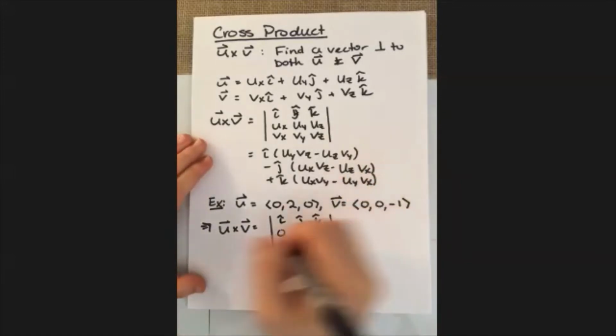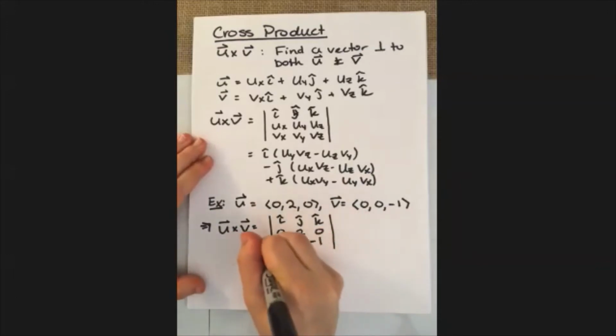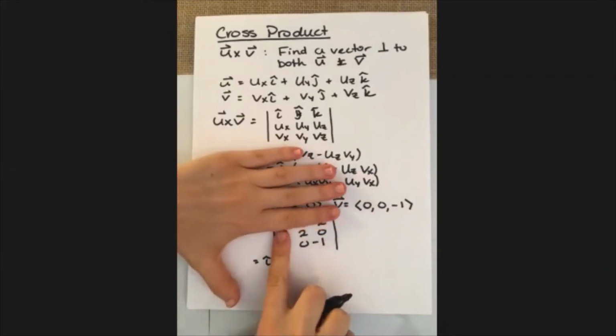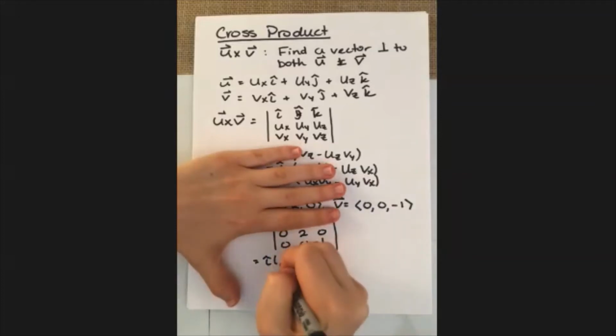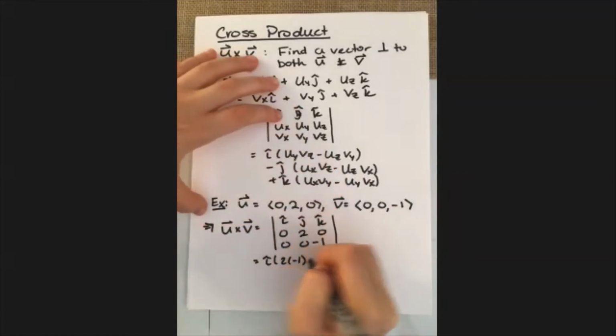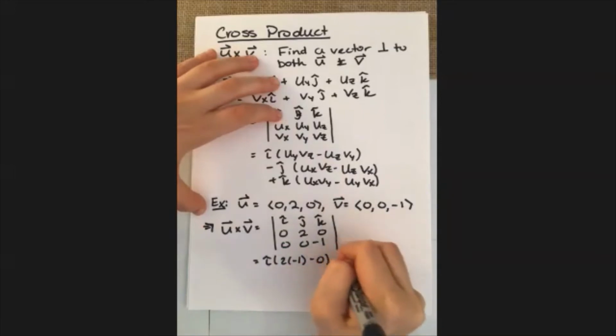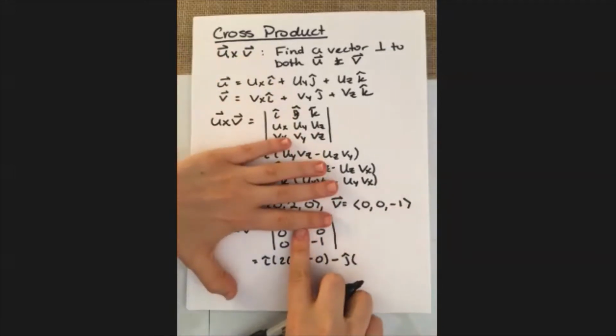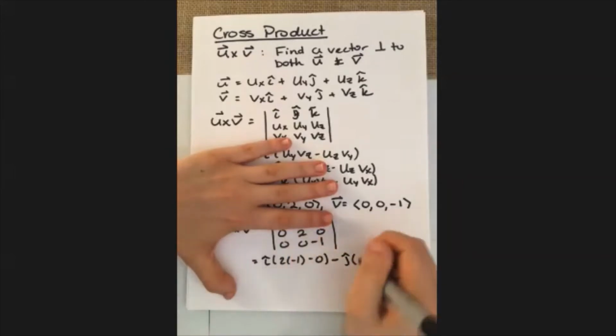So here we just compute the determinant. We get i hat, and then taking the determinant of what's left over when we ignore the row and column that i hat is in, we're going to get 2 times negative 1 minus 0, and then minus j hat times the determinant of what's left over when we ignore the row and column that j hat is in. So we get 0 times negative 1 minus 0.